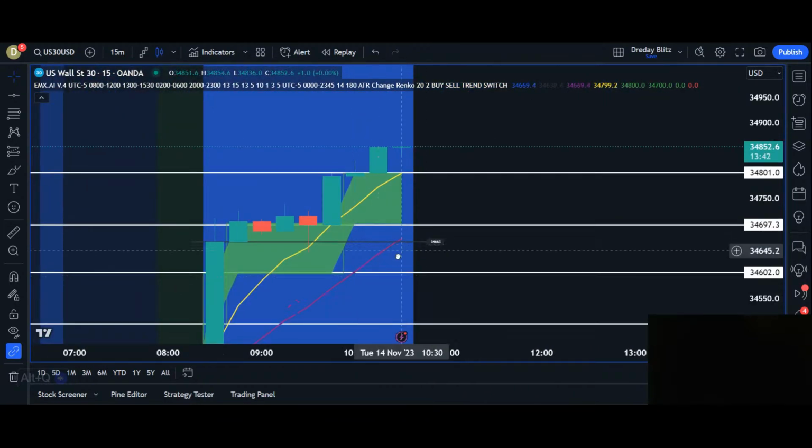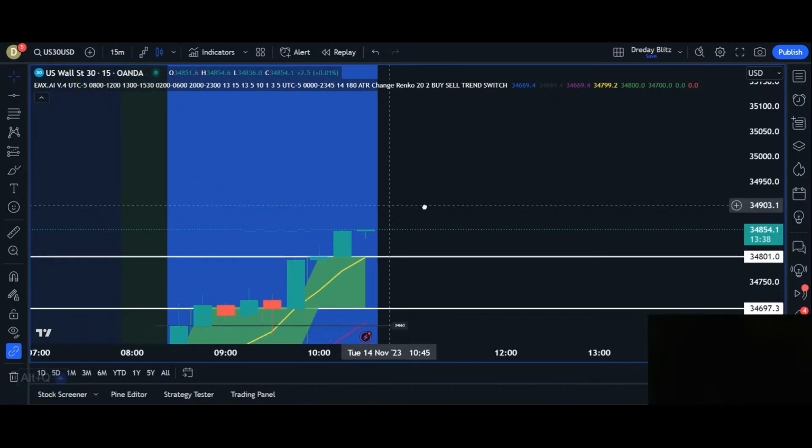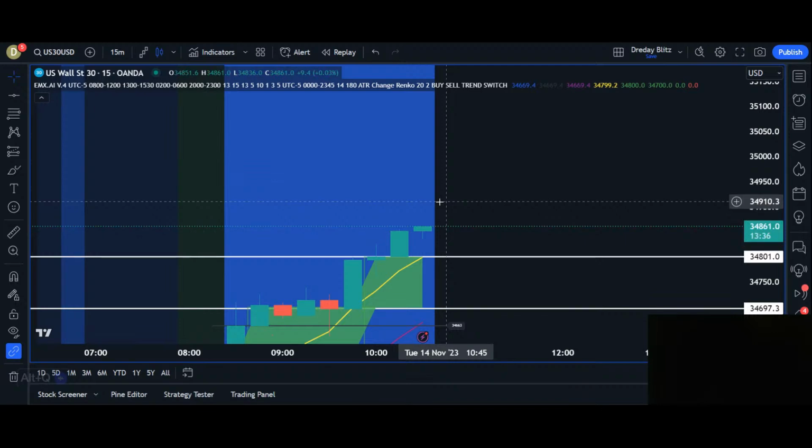Okay. So EMX AI is a natural trend indicator that combines multiple indicators on top of the entry mechanism that is called the well. So it's a special entry mechanism that I'm looking at on the lower time frame to take my trade on the higher time frame, on the current time frame that you're looking at, the 15-minute chart, to get in the market.